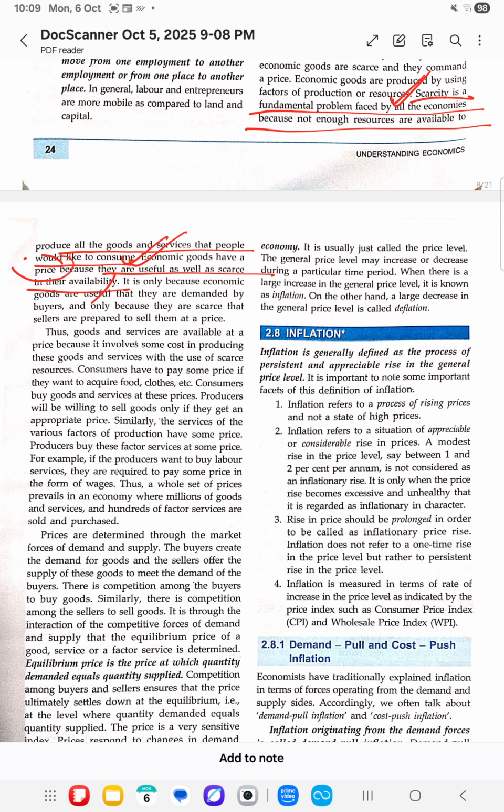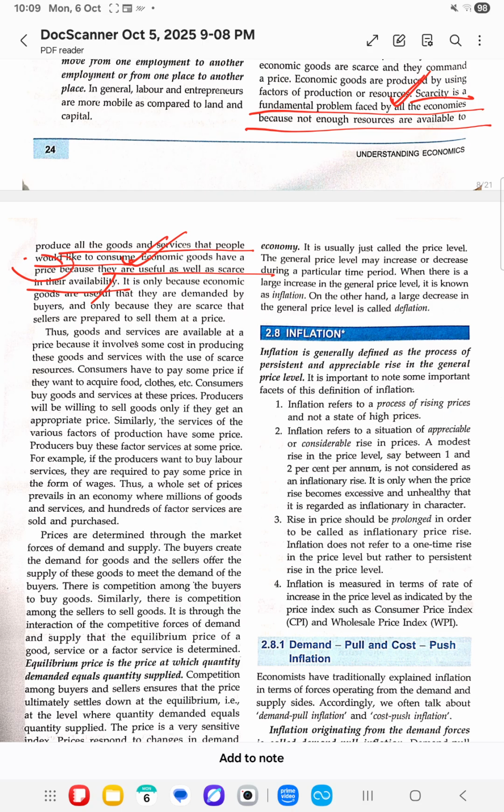Products or objects which have more scarcity, we tend to price higher, and those products which have less scarcity, we tend to price lower. For example, air is free. Why? Because it has very little scarcity; it's available in huge quantities.